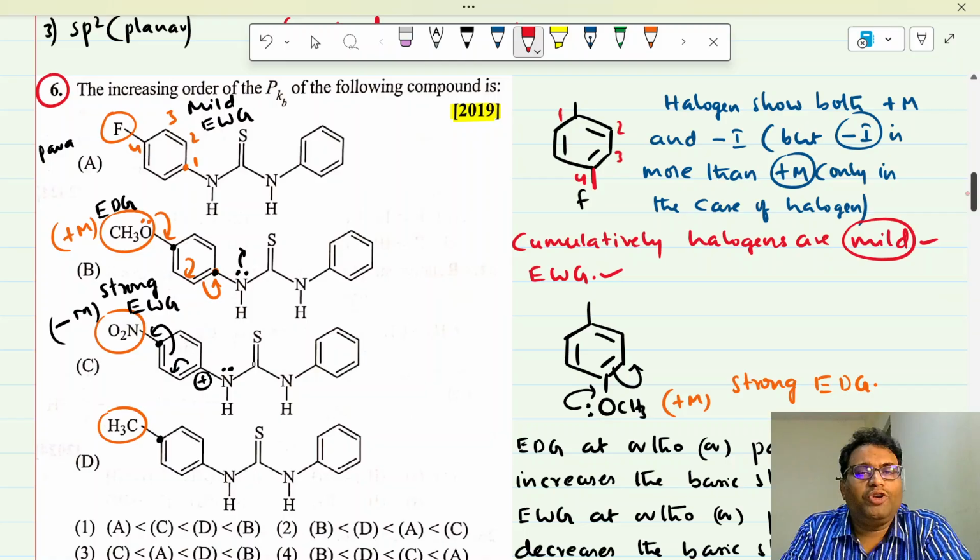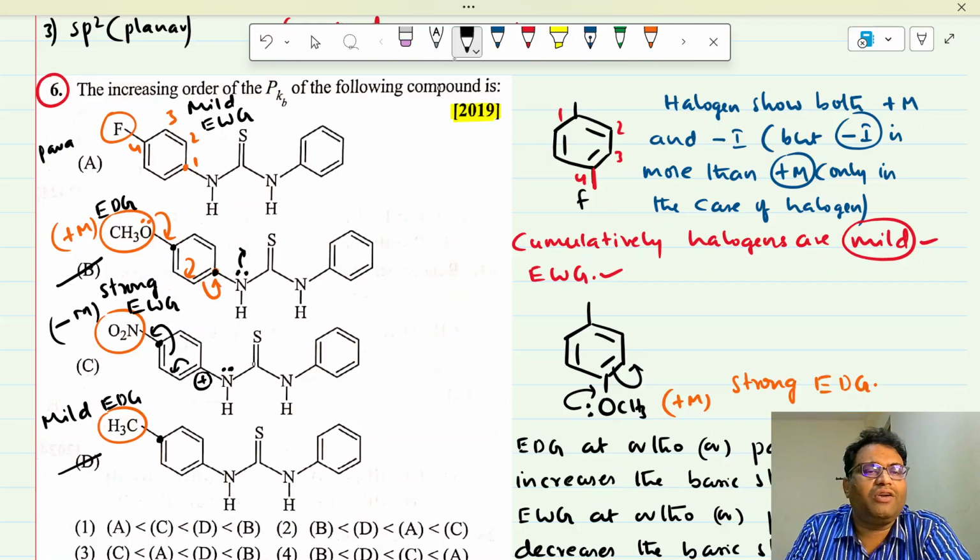Now, how many are electron donating? B and D are electron donating, and among them the strong electron donating one is OCH3, which shows plus M. As it is a strong electron donating group, it shows more basic strength.